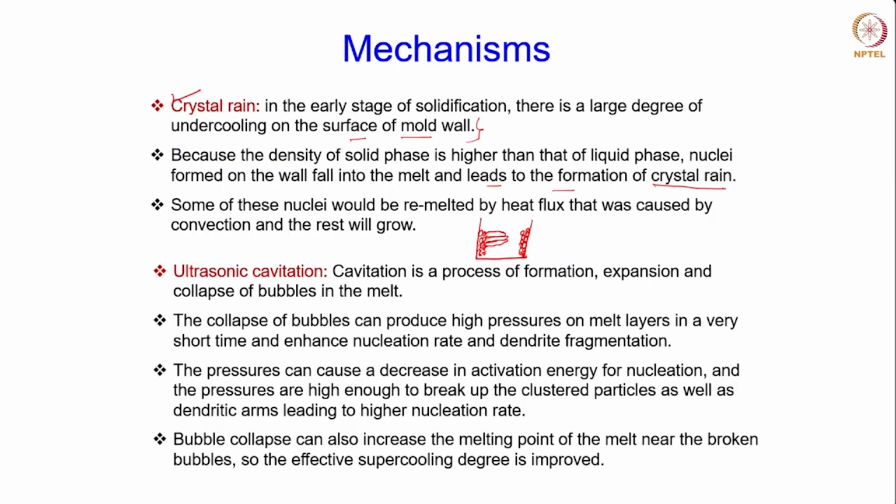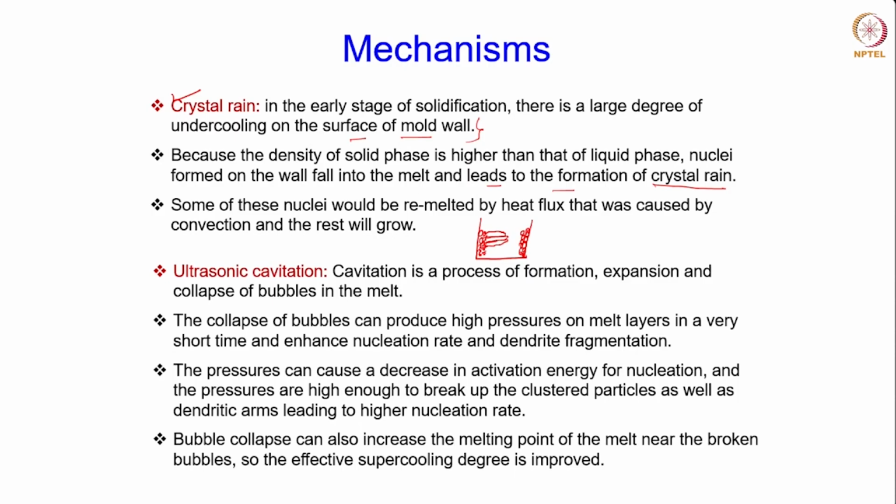So apart from physical or mechanical vibration, this vibration can also be generated by other means, for example, by ultrasonic waves. If you expose the liquid metal to ultrasonic waves, it can create a lot of vibration in the melt and can lead to a mechanism which will refine the grain cells.